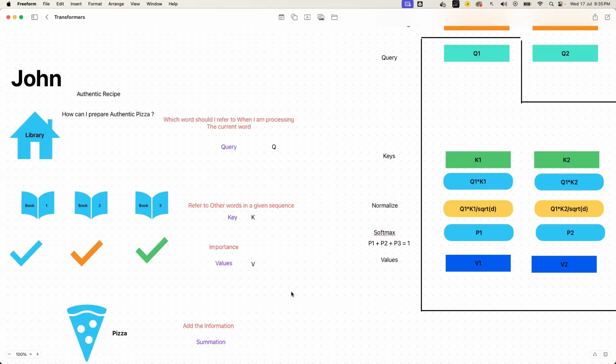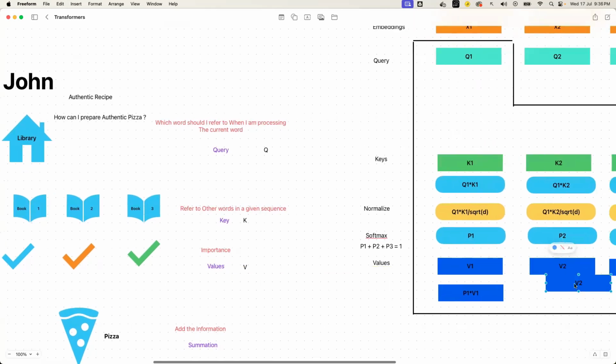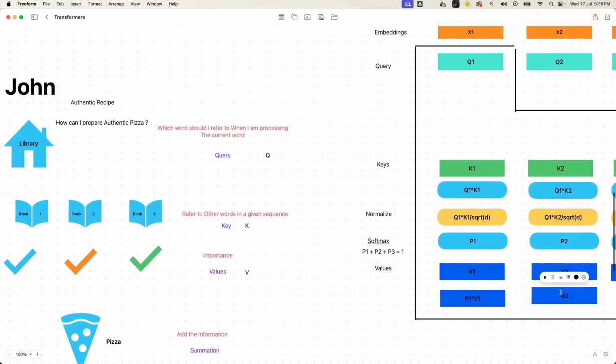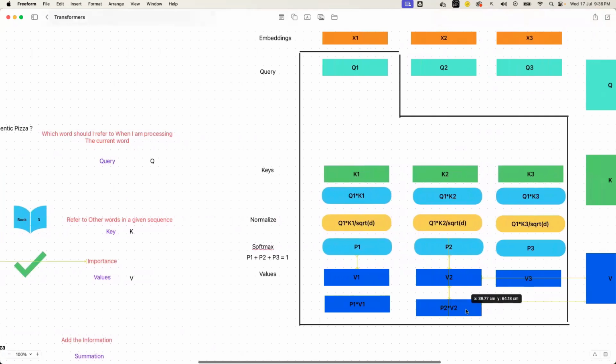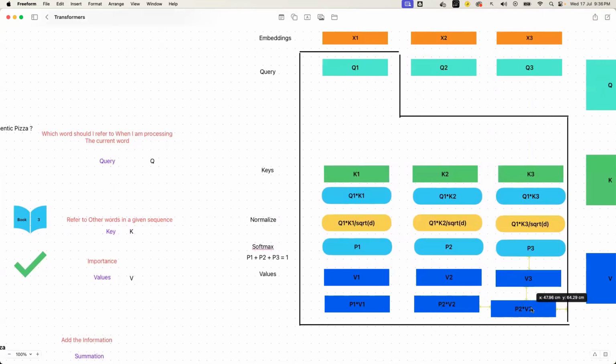But before I combine all the values, see, these are the values that I got: V1, V2, V3. To get the correct value, I'll multiply P1 with V1, P2 with V2, and similarly P3 with V3. So P1 V1, P2 V2, P3 V3.